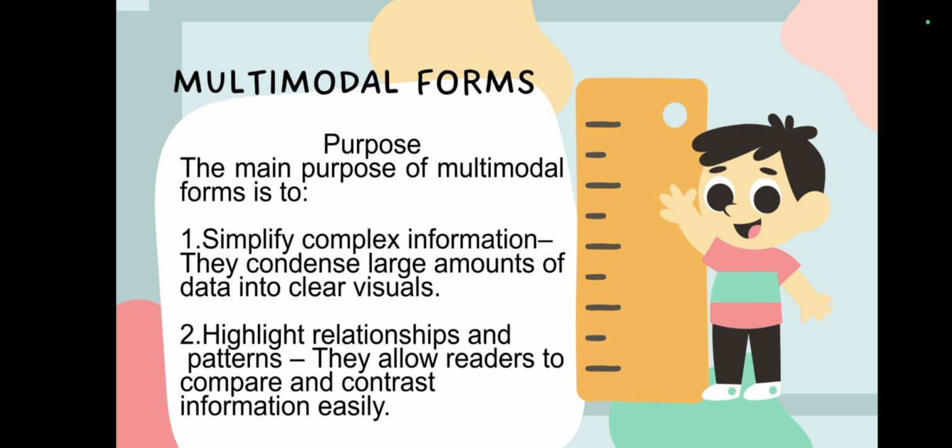So based on that example, mas ma-identify mo na kung aling year kayo mas nagkaroon ng malaking monthly sales instead of gagawin mo siyang paragraph which is mas complex siyang basahin sa mga hindi nakakaintindi masyado ng isang paragraph.